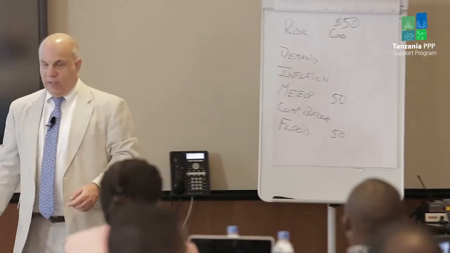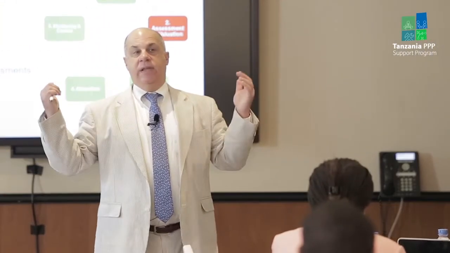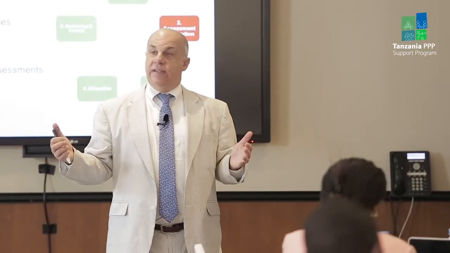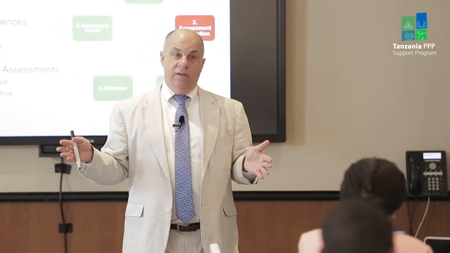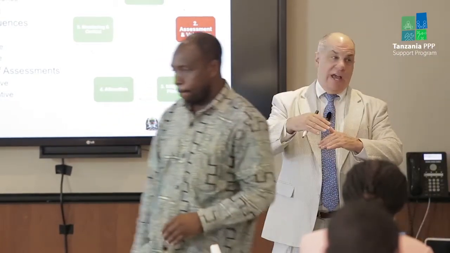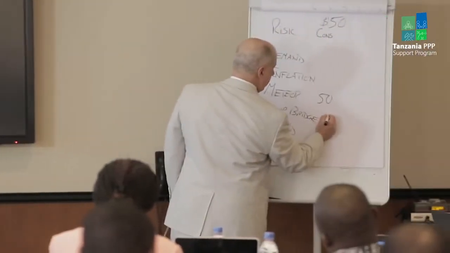Well, if you're the private company that built the toll bridge, let's say the consequence of that is, again, just to make the math easy, a $5 million consequence, because they're going to lose cash flow, right? So we're going to say that's 5.